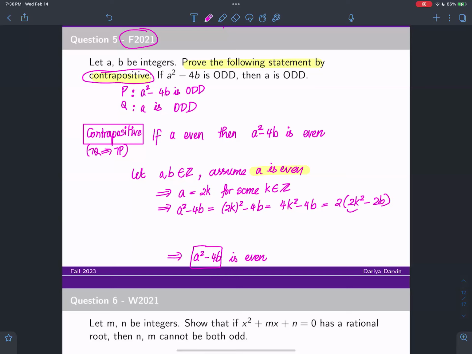So this is an integer since k and B are integers, and this step is just being extra thorough. So A squared minus 4B is also 2 times an integer.